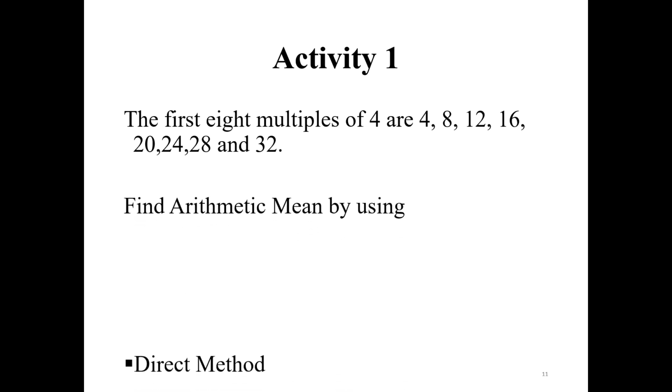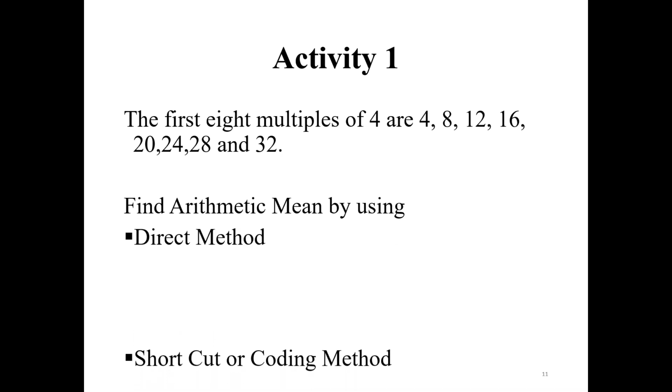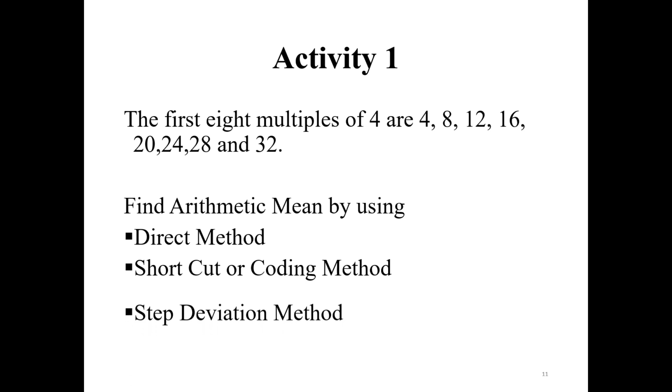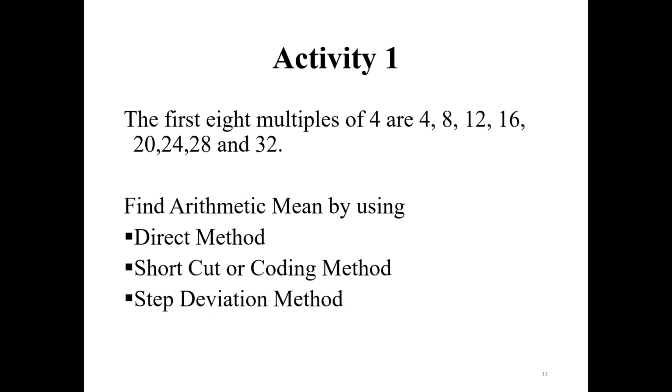For practice, we have given two activities. First activity is the first 8 multiples of 4 are 4, 8, 12, 16, 20, 24, 28 and 32. You have to find arithmetic mean by using direct method, shortcut or coding method and the step deviation method. So this is your first activity.